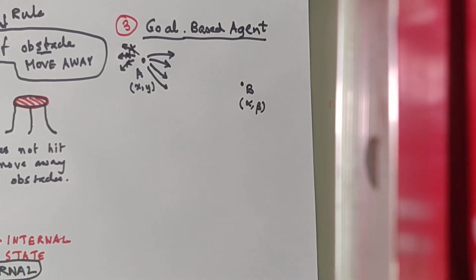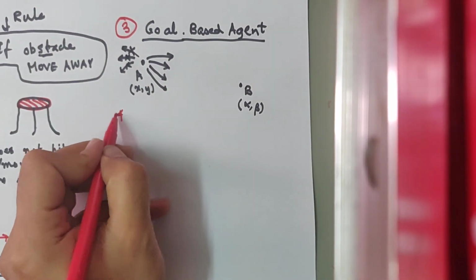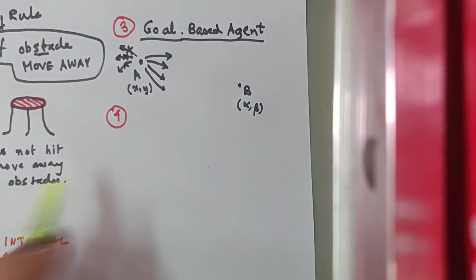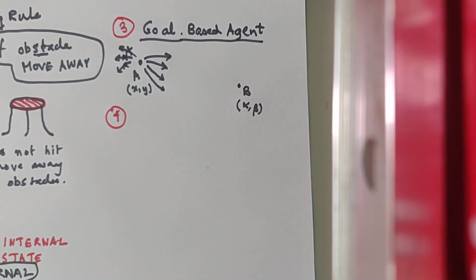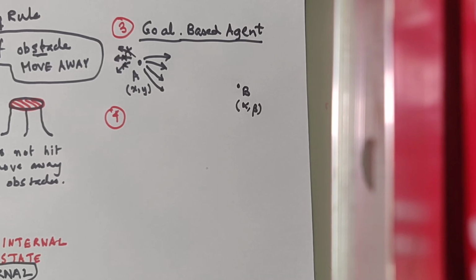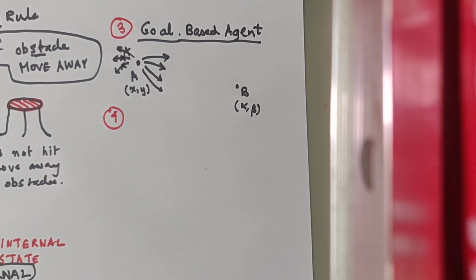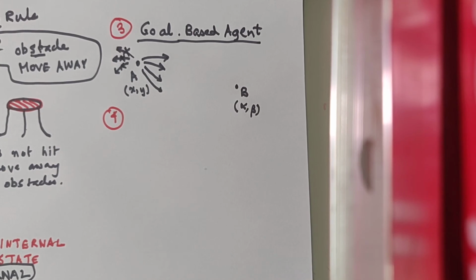And now, I have already shown that for agent type 3, goal-based agent, I have multiple ways of going from A to B. If my agent is smart enough, it should choose that way in which some kind of utility or performance measure is maximized.